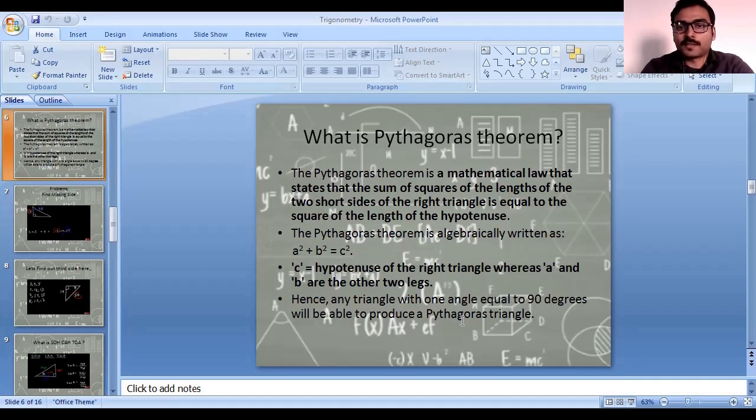The Pythagoras theorem is algebraically written as a square plus b square equal to c square. C is the hypotenuse in the right angle triangle, whereas A and B are the other legs. Hence, any triangle with one angle equal to 90 degrees will be able to produce the Pythagoras triangle.